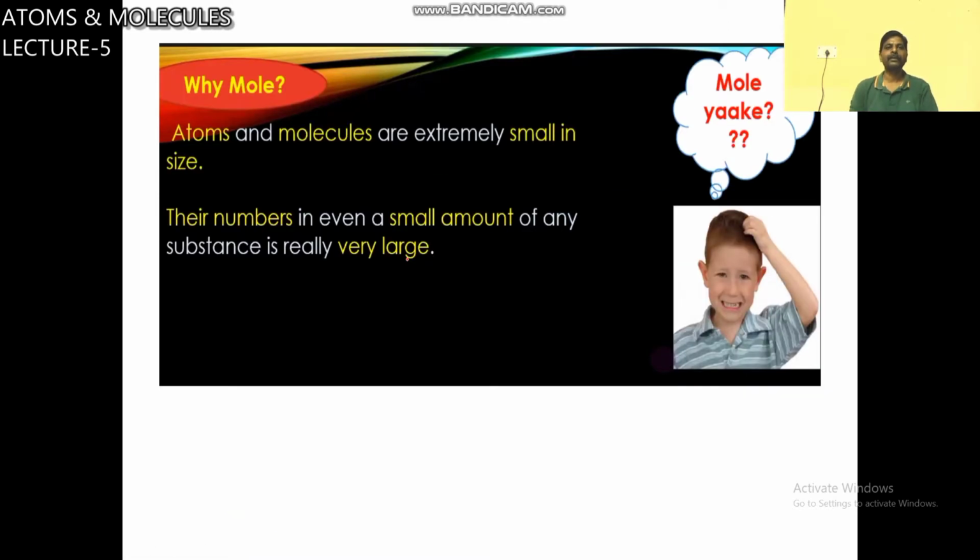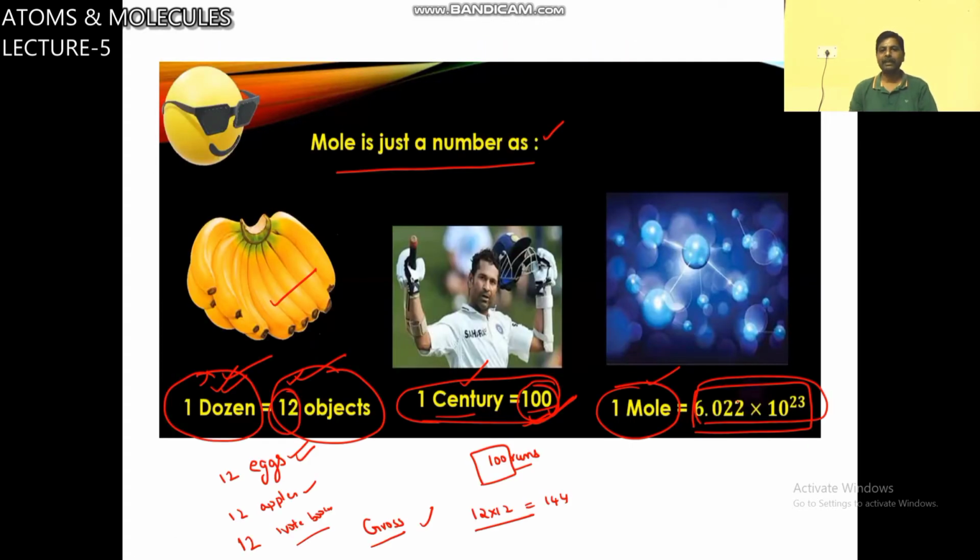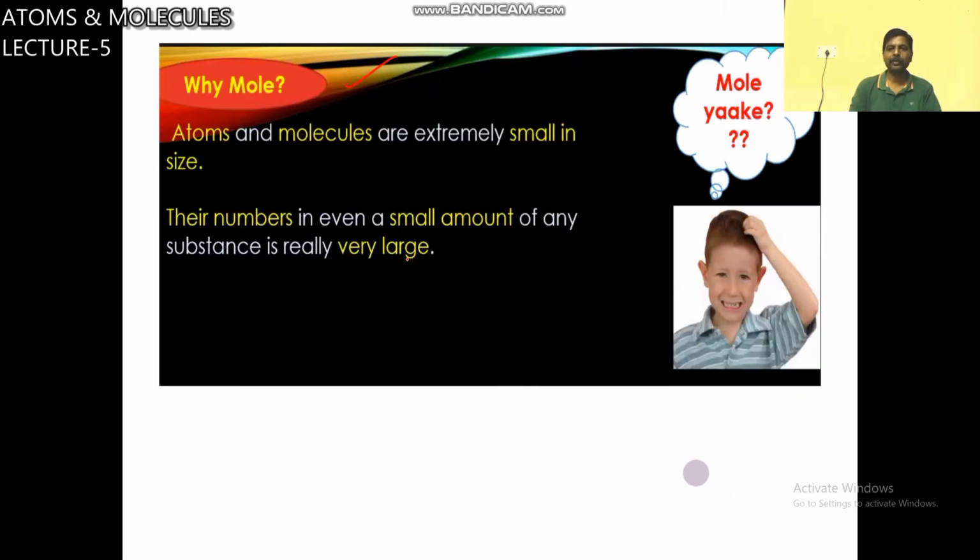Why mole? This number is a very big number. 6.022 into 10 to the power of 23 means 6.022 followed by 20 zeros.